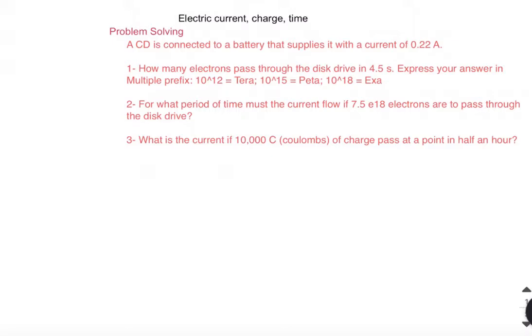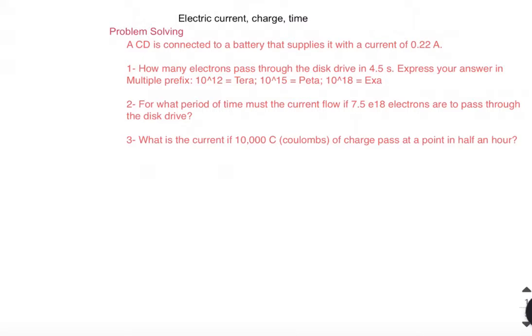And that's the number of electrons that pass through the disk drive. And number three, what is the current if 10,000 coulombs, that's a charge, pass a point in half an hour? As I stated before, we only have one equation.